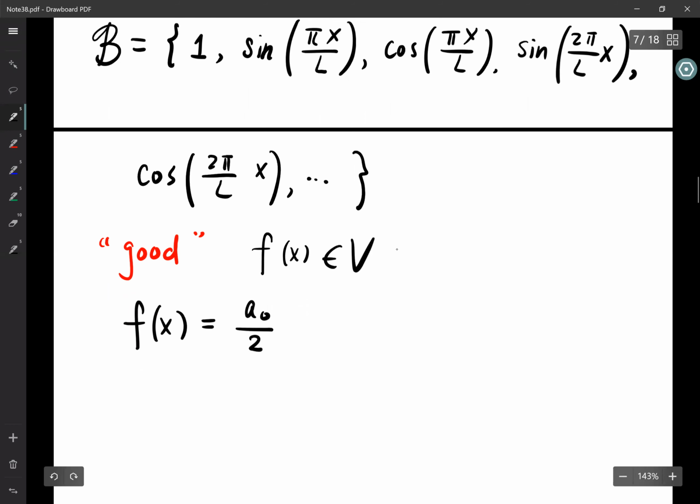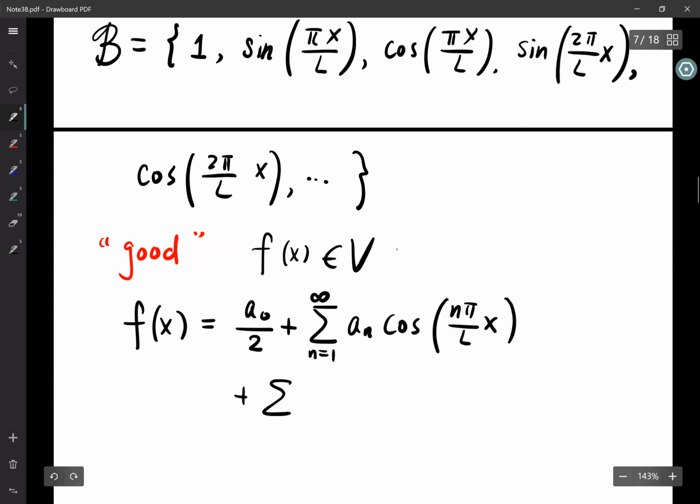So I have an a0 over 2, and then I have the cosine part, a_n, and this is n pi x over L, with n from 1.